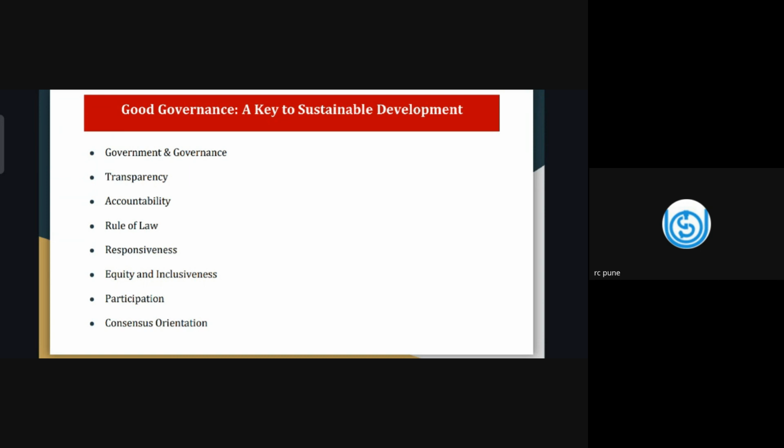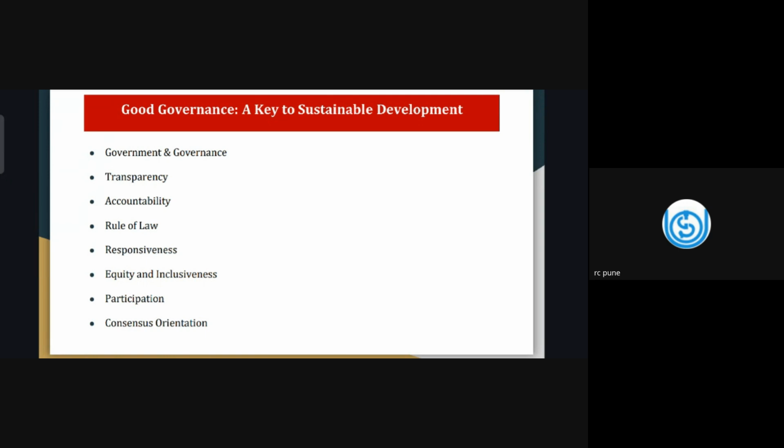On the other hand, on the contrary, there is one more term called governance. Right? Governance is also somewhat important over here. We understood what exactly do we mean by government.